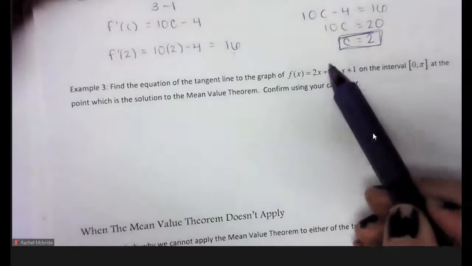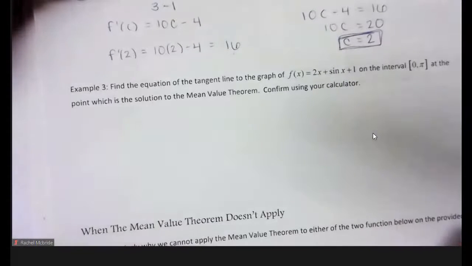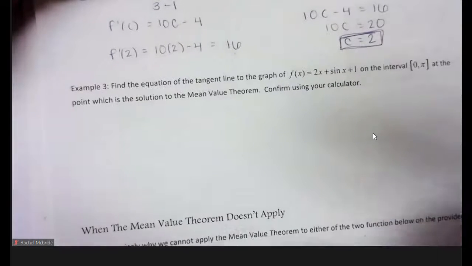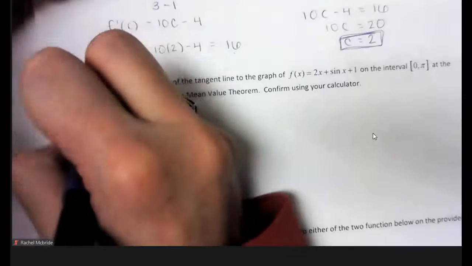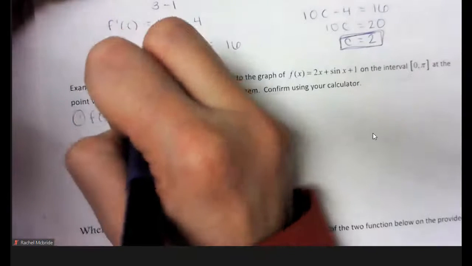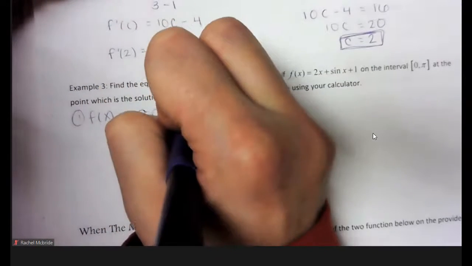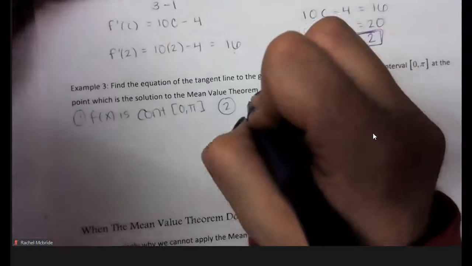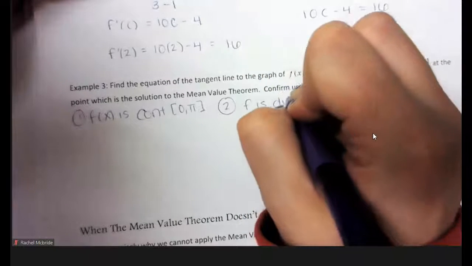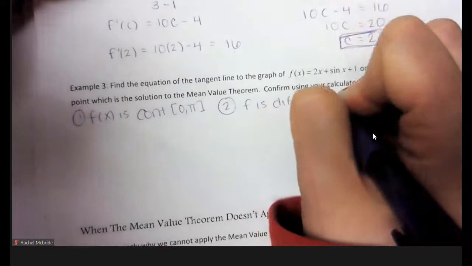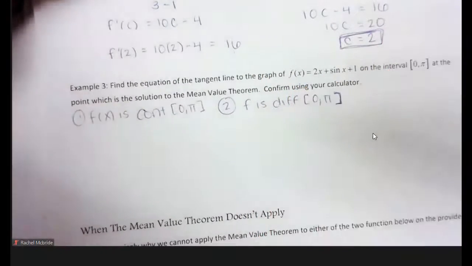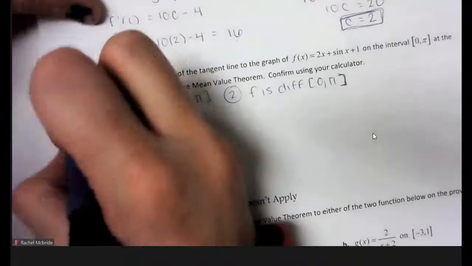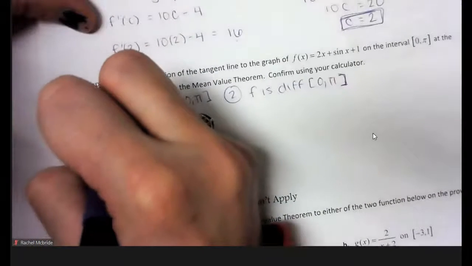So function composition says the sum of continuous functions is a continuous function. So f of x is continuous. Part 2, can you derive that function? Part 3, find the slope of the secant.